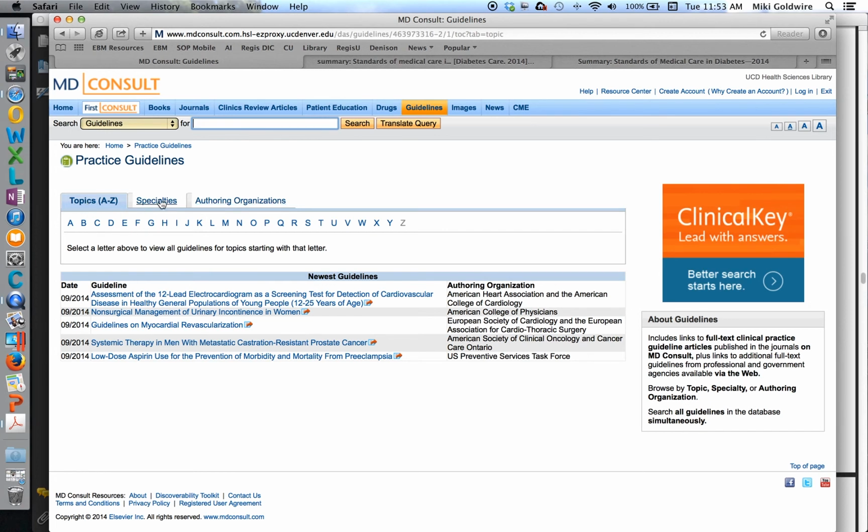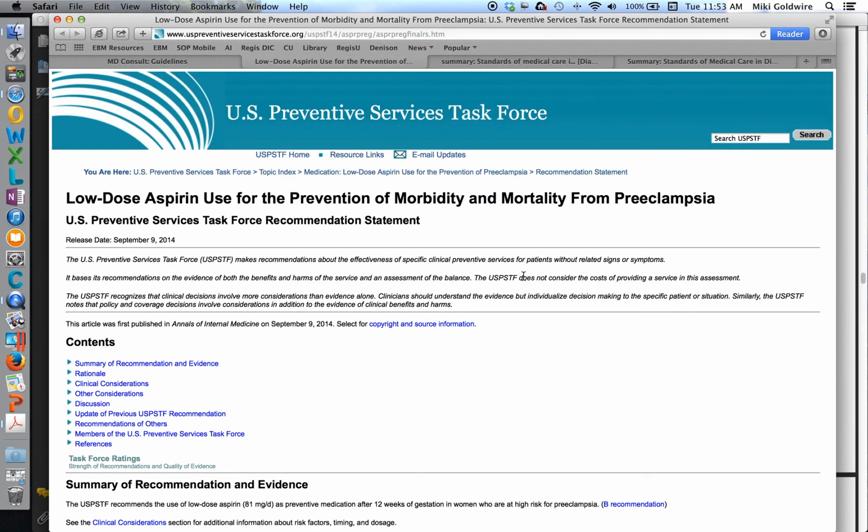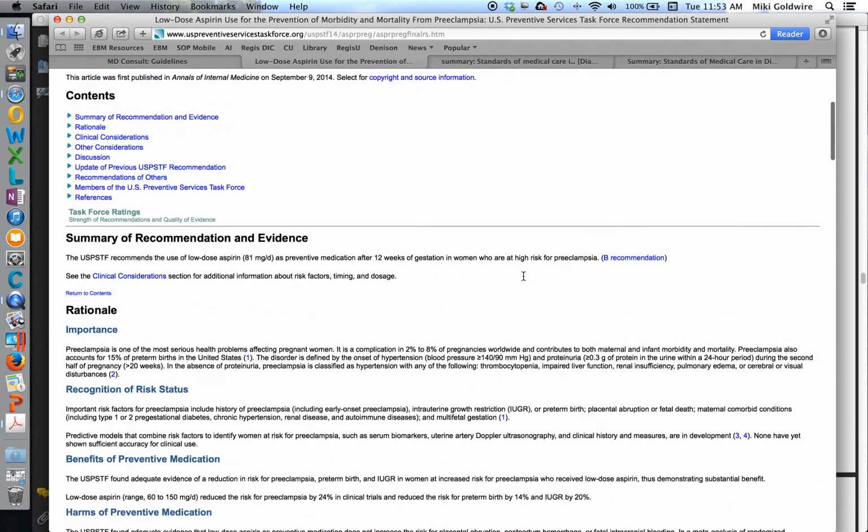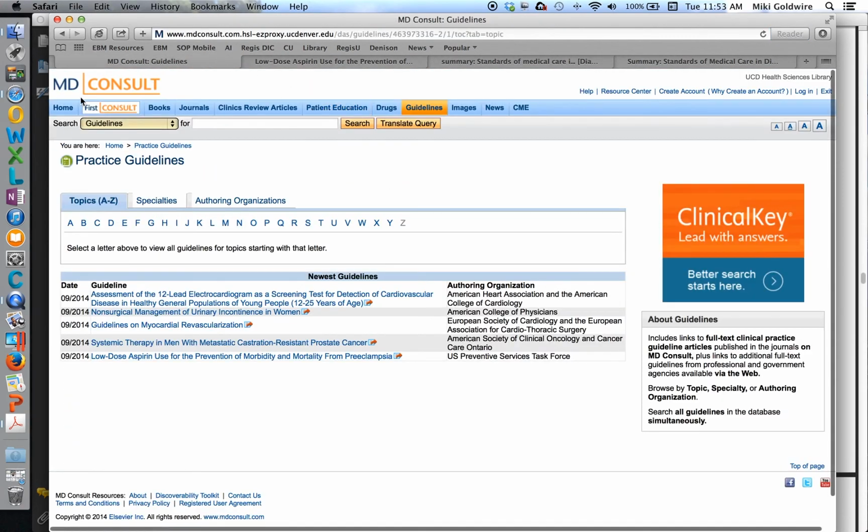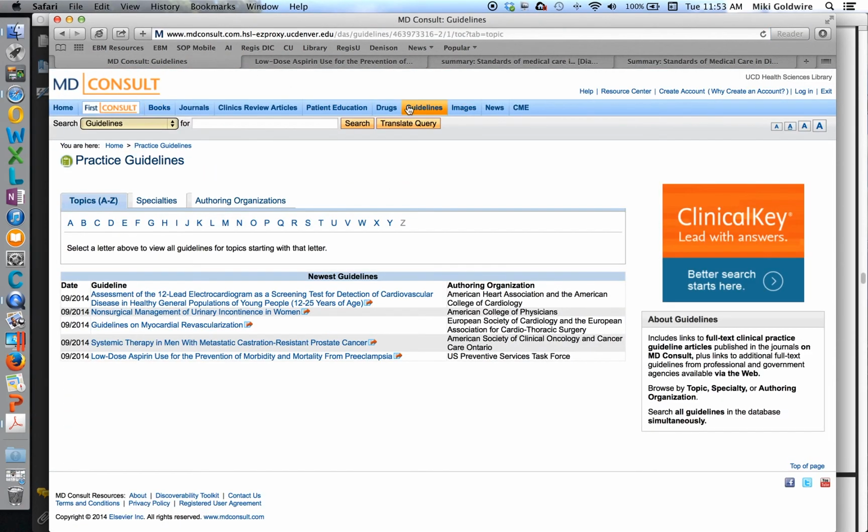So, for example, I see a recent guideline, low-dose aspirin used for prevention of morbidity and mortality from preeclampsia, from the United States Preventative Services Task Force. So if I want these guidelines, I can click on the link, and it will bring me to the guidelines. So again, MD Consult, excellent source of guidelines if you know a topic, a specialty, or the authoring organization.